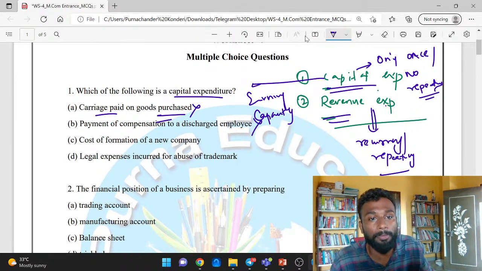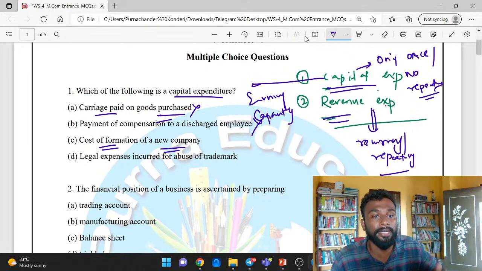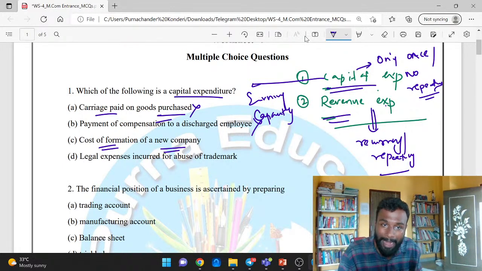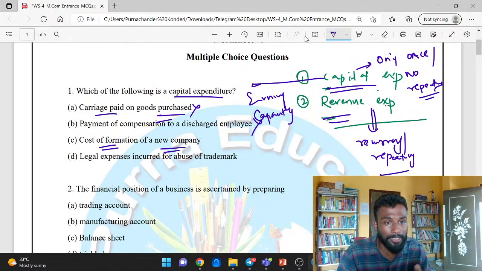See, cost of formation of a new company. Very important. You are incurring a cost for a new company formation. What does it mean? Your business is expanding, and in the sense that your business is expanding, your earning capacity is also increasing. Now option D: legal expenses incurred for abuse of trademark.